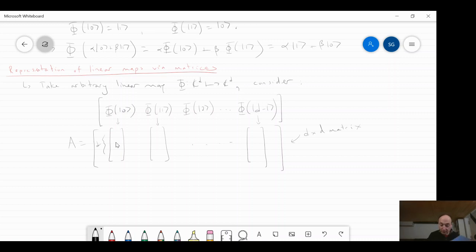Okay, so more formally, let's see, what is this thing over here? A d by d complex matrix A. Matrix A, what is it really? It's a two-dimensional array of complex numbers.